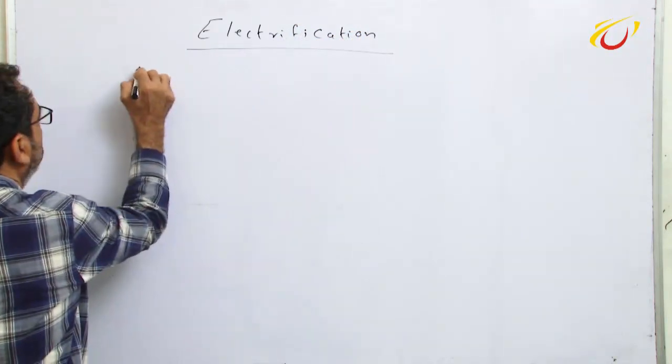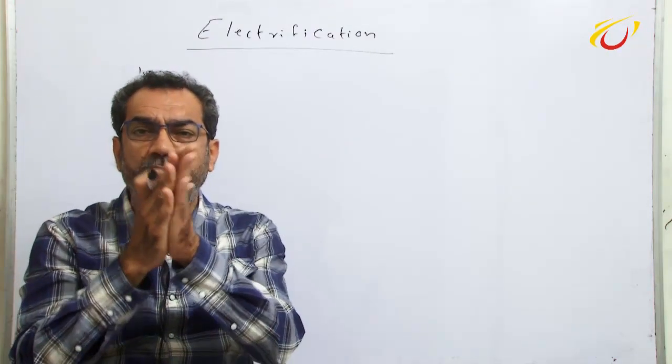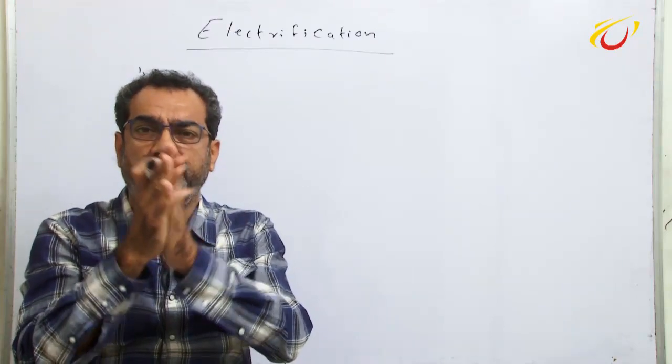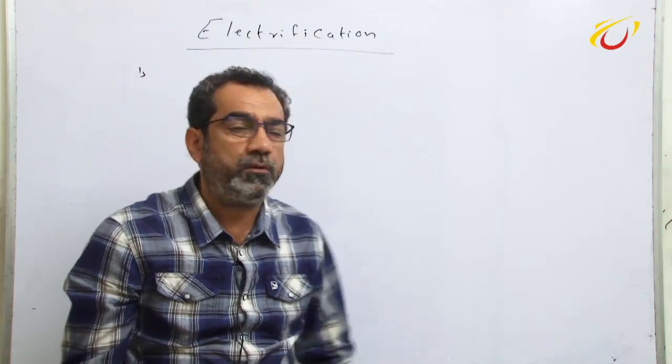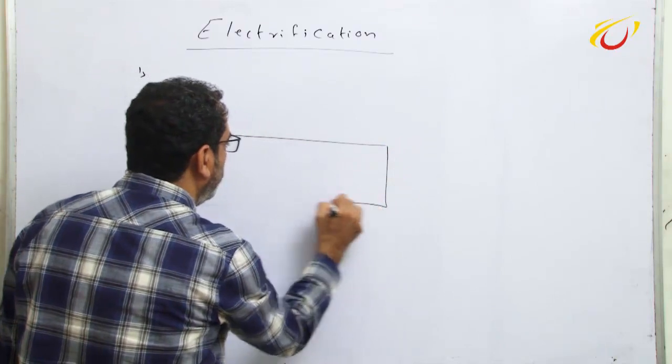Number one, first is due to friction. When two insulating bodies are rubbed one over another, there will be creation of charges. Now how will the charges be created pairwise? Have a look here.